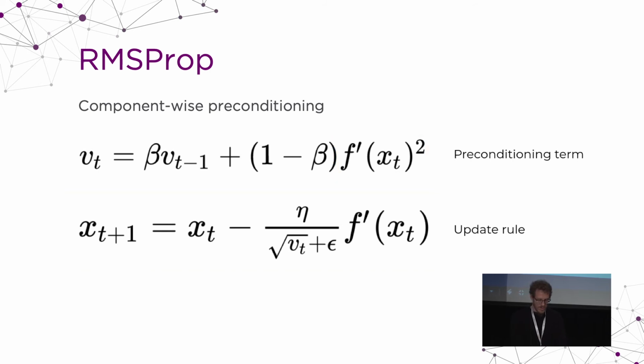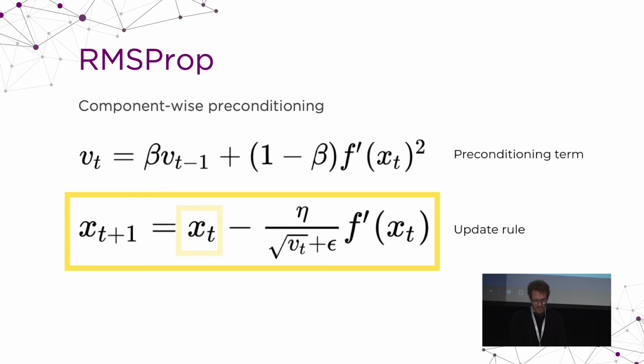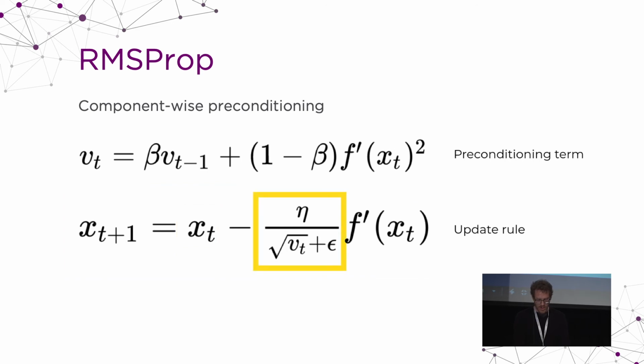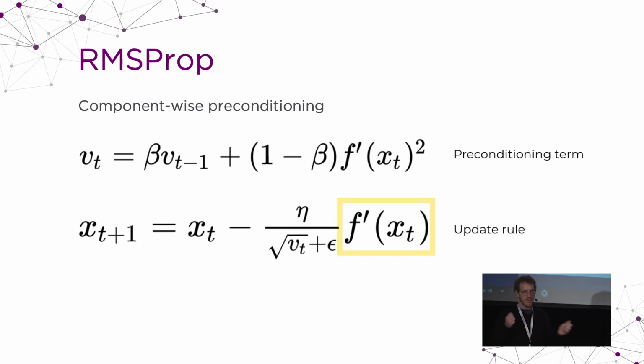And to update my parameters, it will be the old version of my parameters minus the gradient multiplied by 1 over the square root of this value, which will be positive. It will scale down in some way the axes so that the condition number is better by using this simple technique. And so RMSprop usually works better than just vanilla gradient descent in terms of optimization. It's faster to minimize the loss function on the training set.